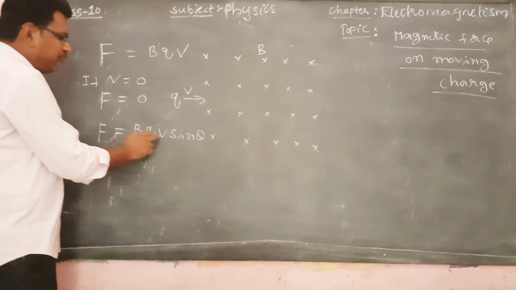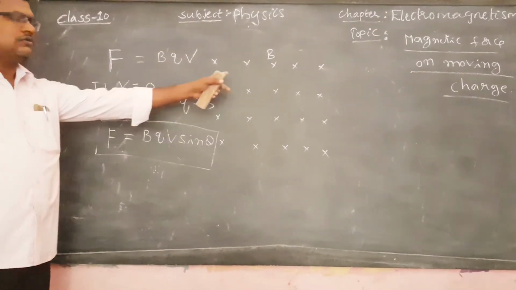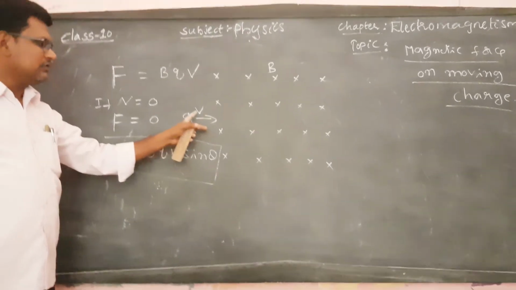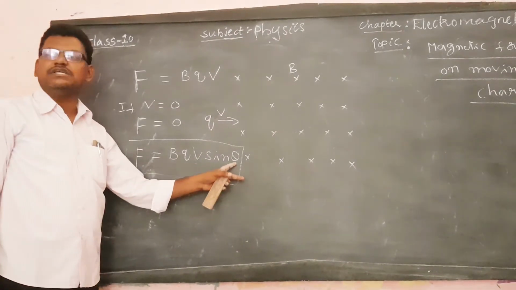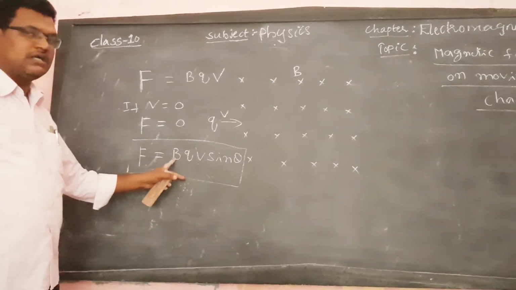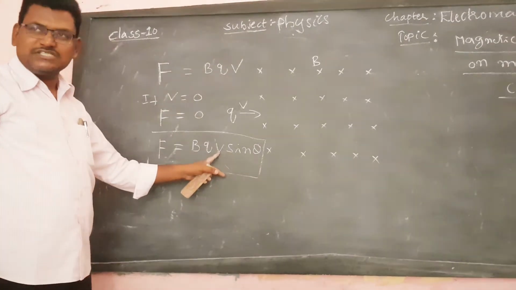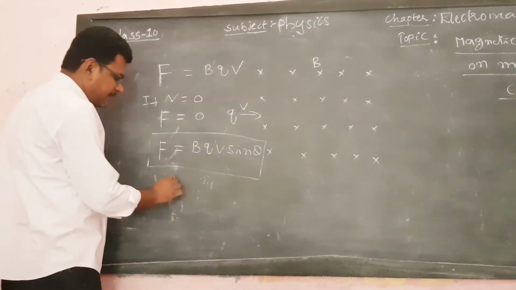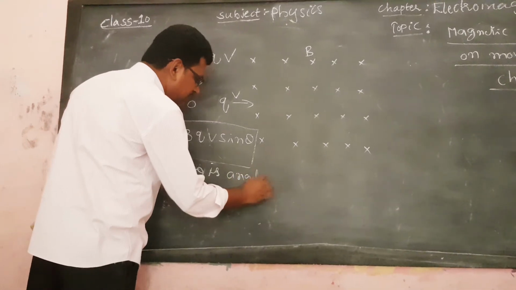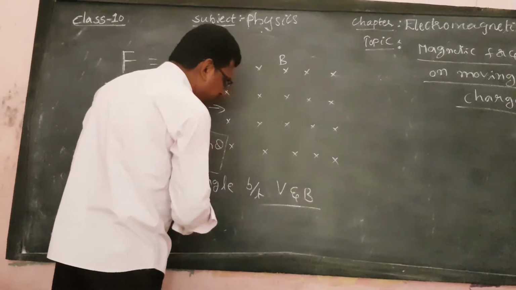Here B is the magnetic field, Q is the charge of the charged particle, V is the velocity of the charged particle, and theta is the angle between the velocity of the charged particle and the magnetic field.